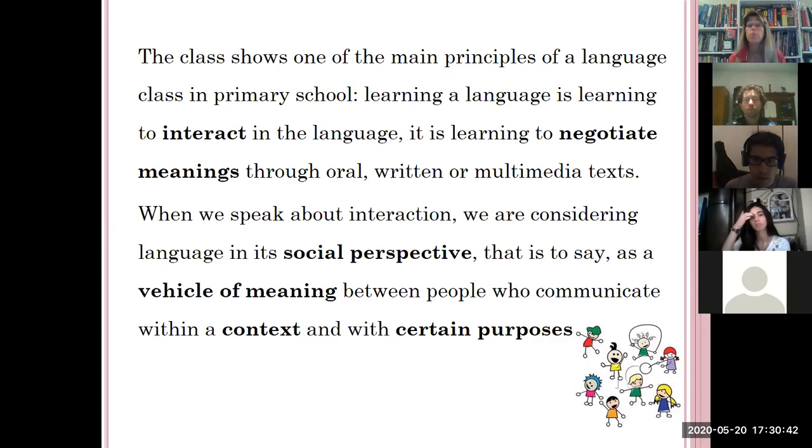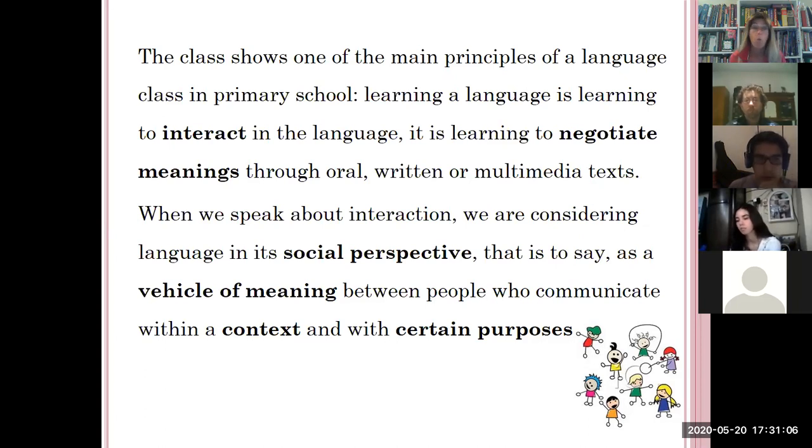And we are the ones responsible for providing those communicative situations to our students, okay? So remember, language is social. We learn through interacting and through communicating and sharing ideas with the rest of the individuals. And then language is a vehicle of meaning, okay?